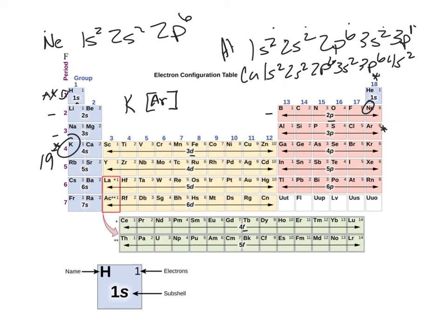So instead of writing 1s2, 2s2, 2p6, just like I did for calcium, I can go all the way over to Ar and put that in brackets, and then I can write Ar 4s1. Ar has 18, potassium has 1, that would give me 19, which is what I want for electrons.